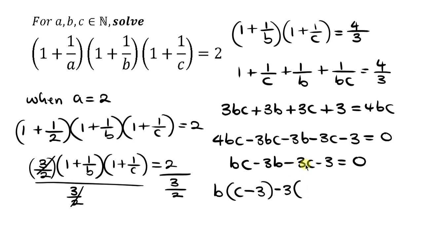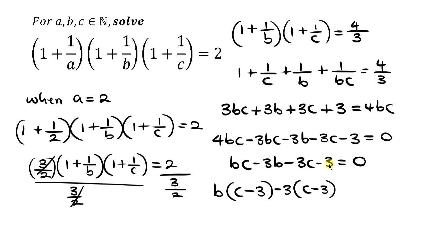So negative 3C divided by negative 3, I have C. And since I want what is inside of this bracket to be the same as what I have here, I'll be putting minus 3 here. But if you notice, when I multiply negative 3 times negative 3, I'll have 9.